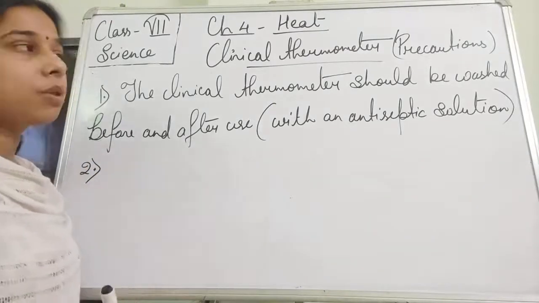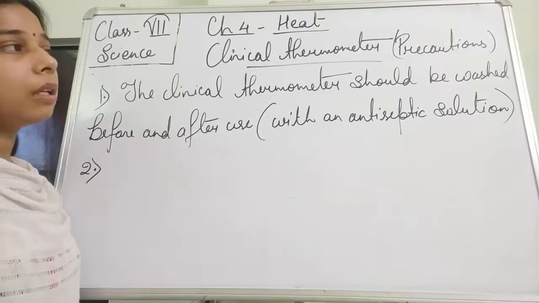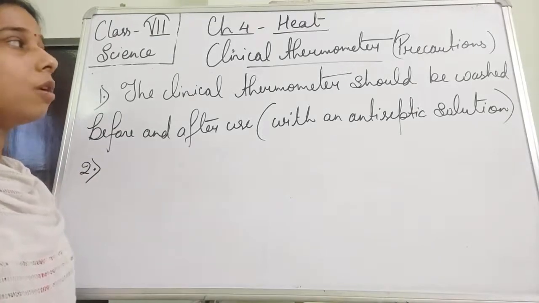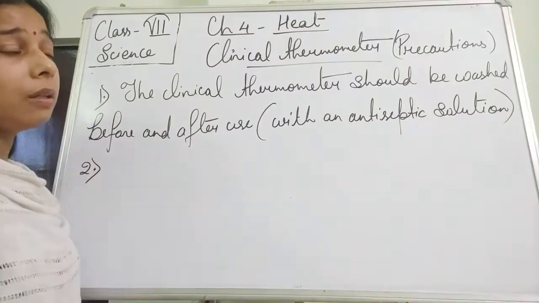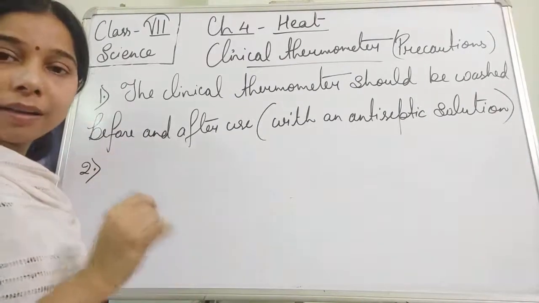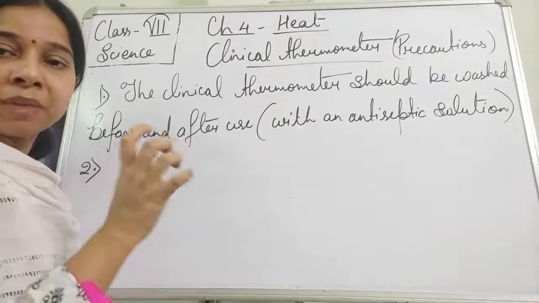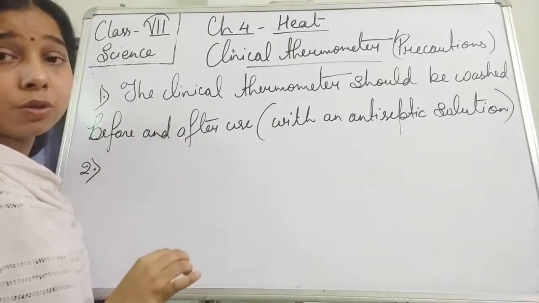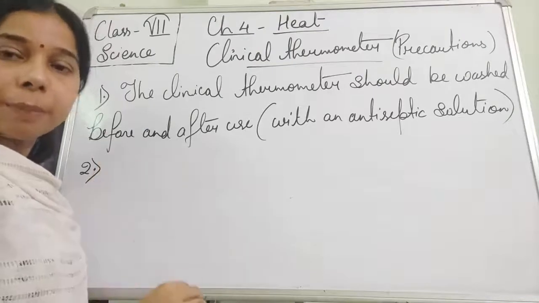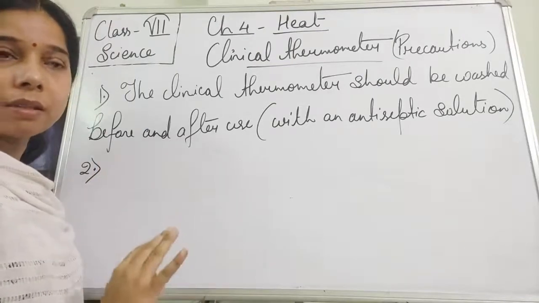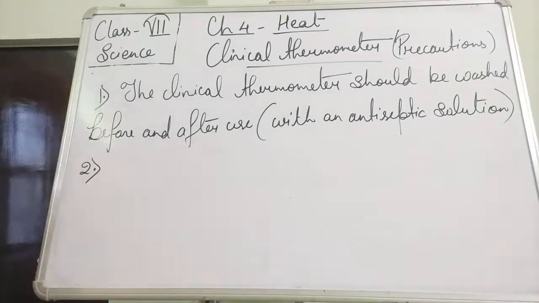The second one, students, is that while using the clinical thermometer, we should always check whether the mercury is present below the first degree of the thermometer or not. It should be at 35 degrees Celsius, which is the first degree Celsius of the clinical thermometer.